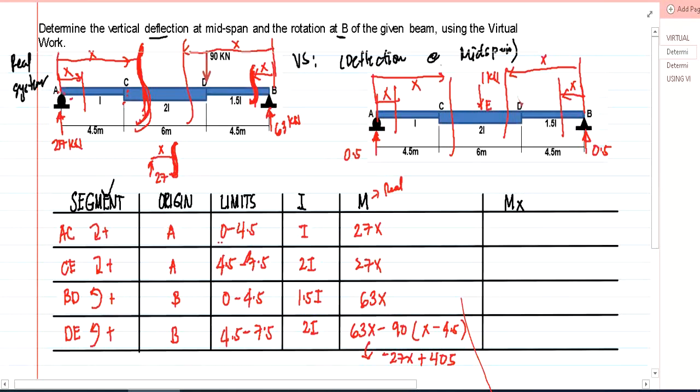So mx: you have to look at our free body diagram for the deflection at midspan.